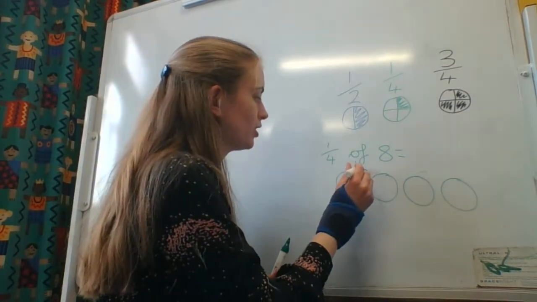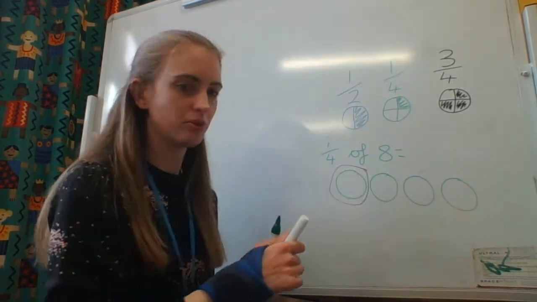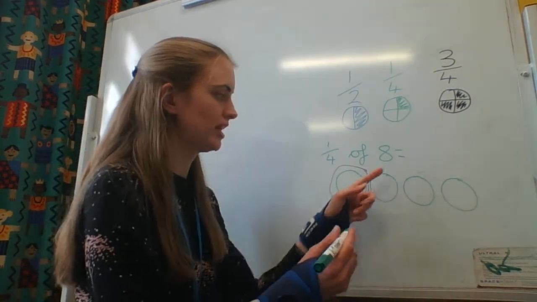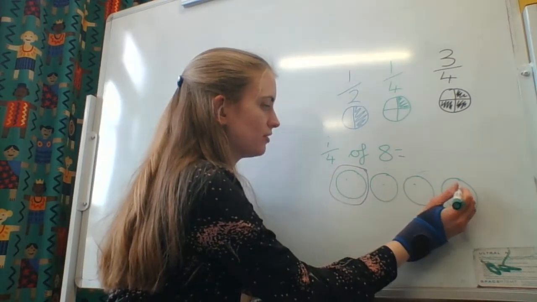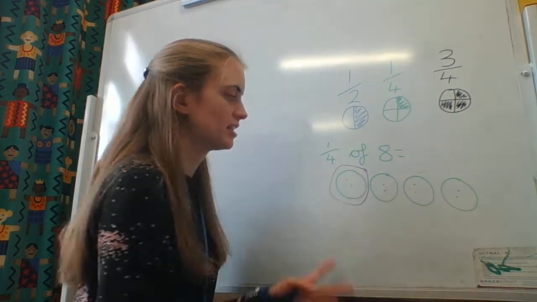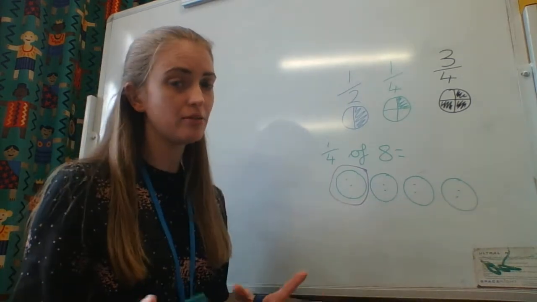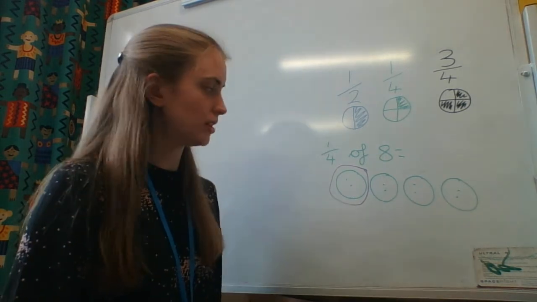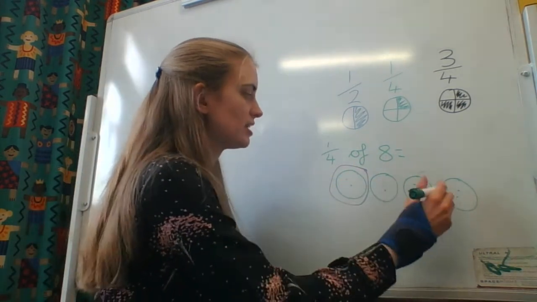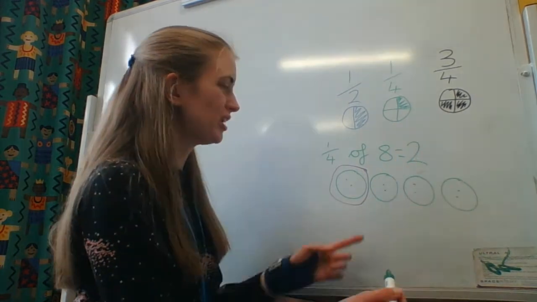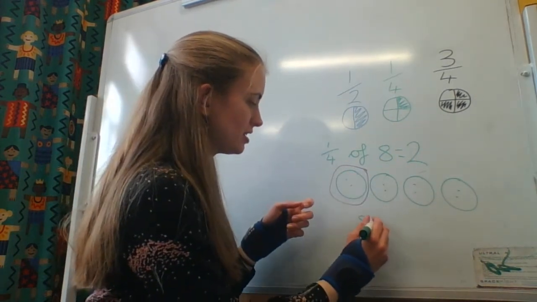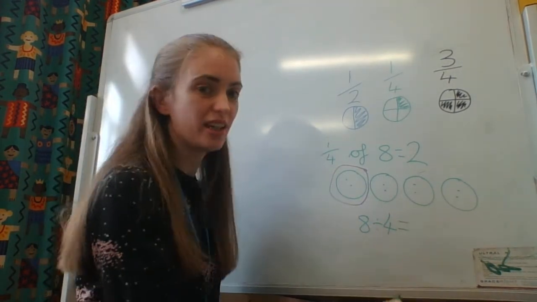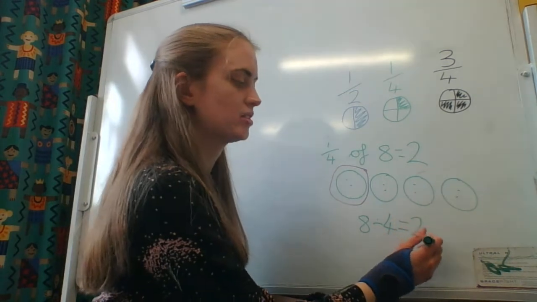So I'm wanting one of my 4 groups when I've finished. Okay? 1 out of the 4 groups. So 8. 1, 2, 3, 4, 5, 6, 7, 8. Making sure I'm sharing it equally, because equal sized groups need to share the dots equally between my groups. So 1/4 of 8 equals 2. Or I could just do 8 divided into 4 groups. 8 divided by 4, we know what that is. It's 2. Okay?